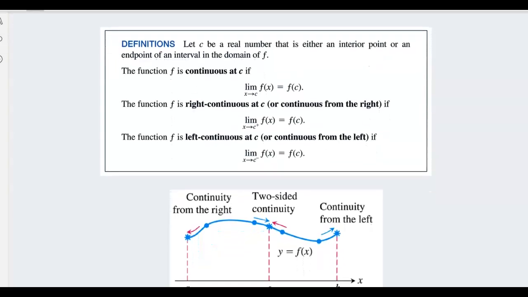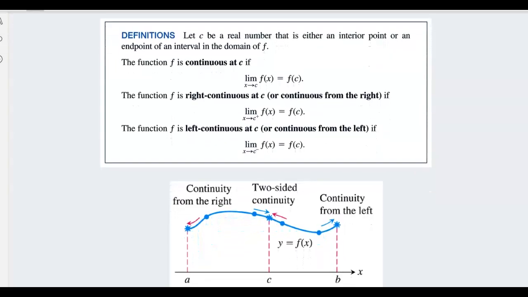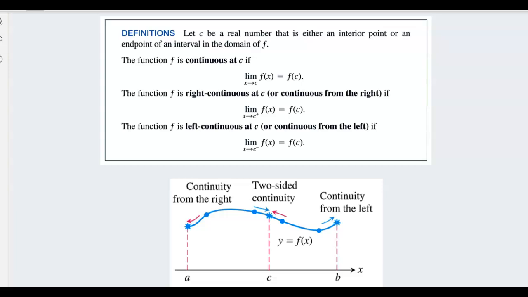So here are the formal definitions of continuity. We'll say that a function is in fact continuous at a particular point, c in this case, if the limit exists and when we plug that value c in for x, we actually get the y value, right? That the output matches what the limit is.